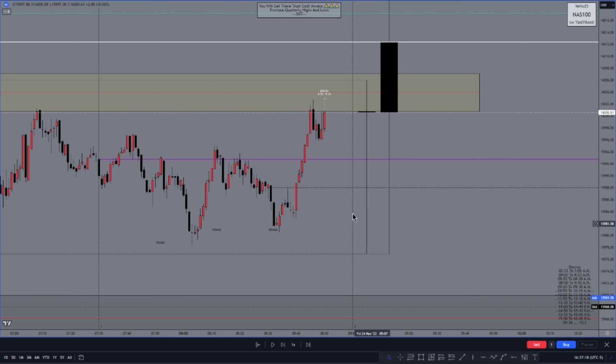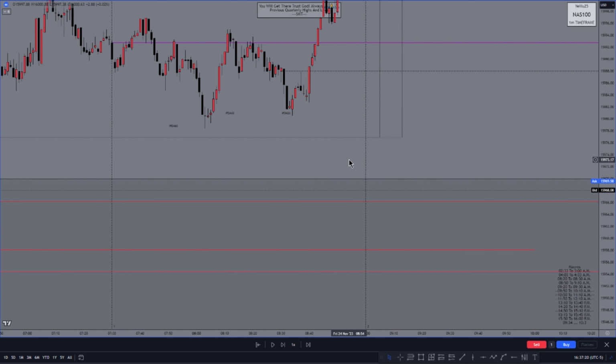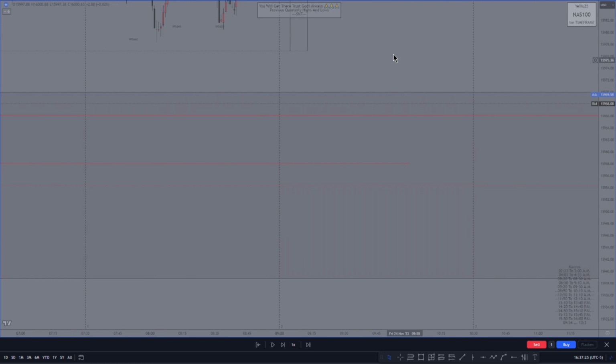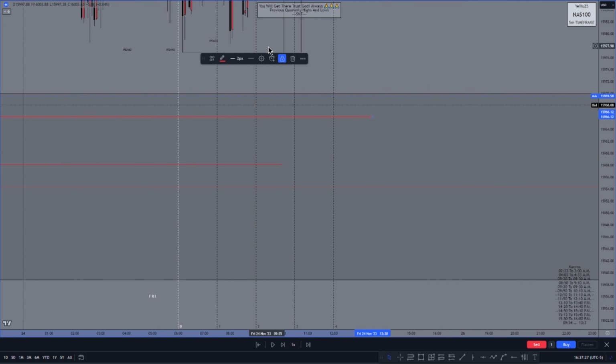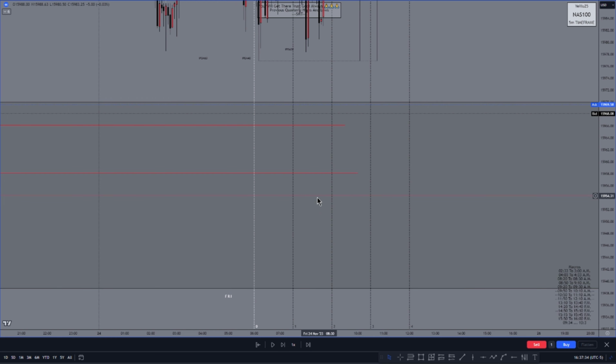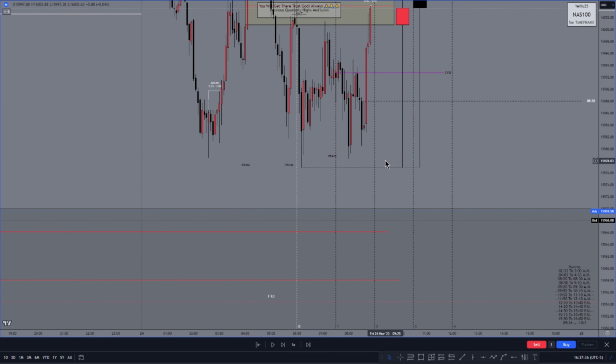I would like to see lower prices, right? Because we have those sell side liquidity. The 50% level. Let me adjust this liquidity right here. Look, those sell sides and that 50% level. Okay.